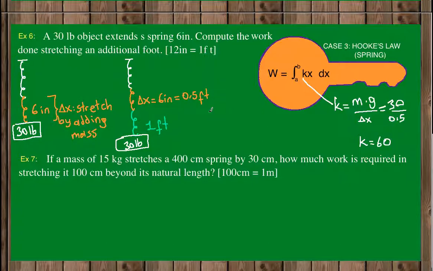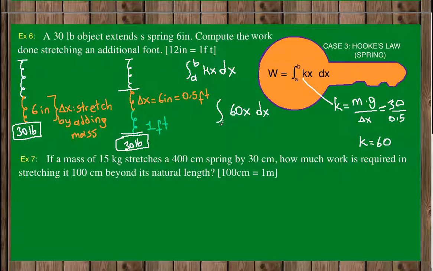So we're going to set our integral from a to b, kx dx. And here our k is 60, so 60x dx. And our boundaries are from the first stretch to the wanted stretch.